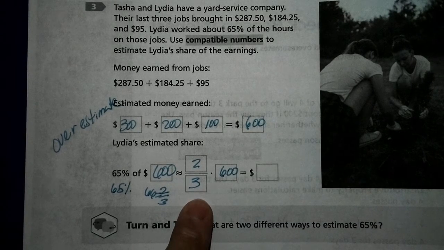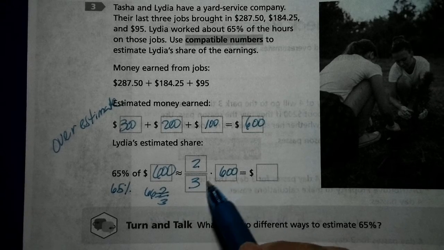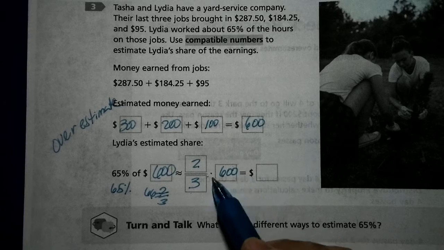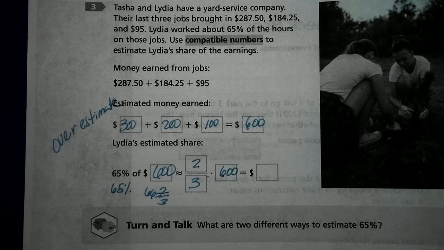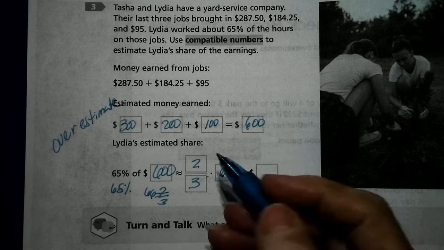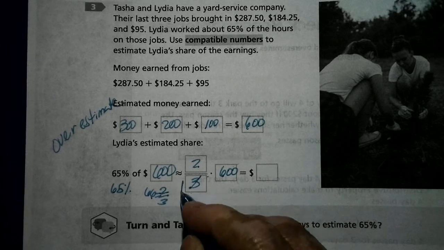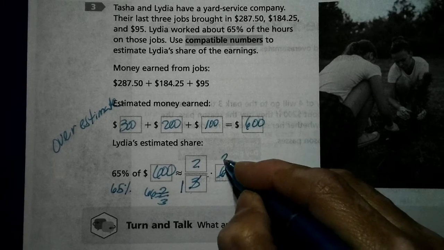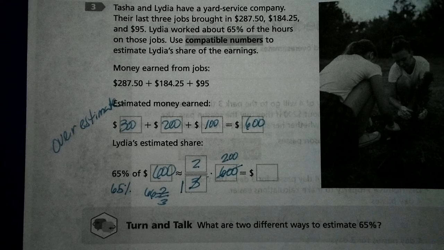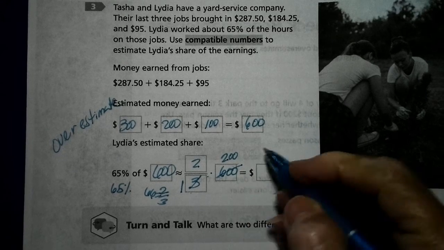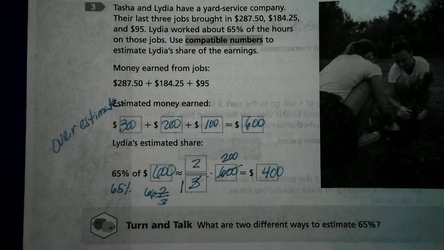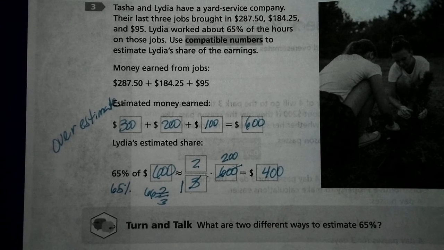So I can tell you why they did 2/3. Because if I cross simplify, 3 goes into 600 really nicely, doesn't it? So 3 goes into 3 once, and 3 goes into here 200. And then 2 times 200 would be 400.